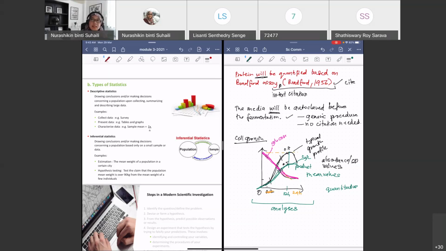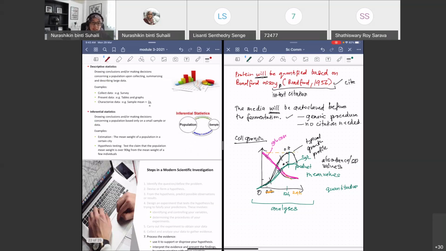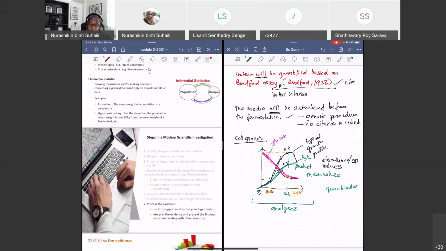It doesn't have to be all of them. Like quantitative data and qualitative data, it depends on the research. Some research will generate quantitative data and will not generate qualitative data. So it's not a fault. It's something to do with the nature of the research.